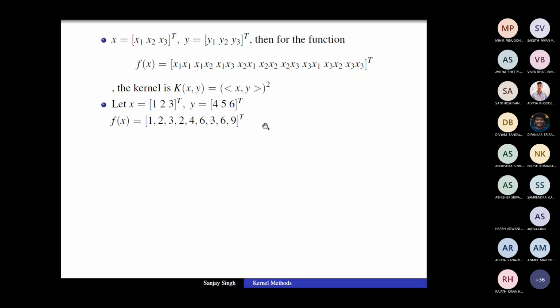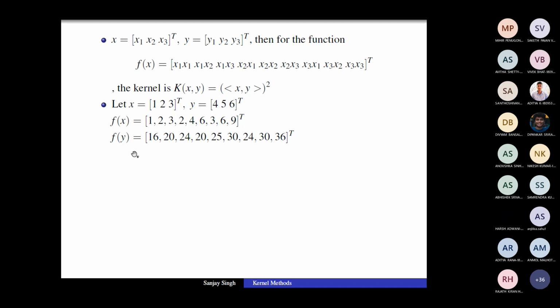And of course, when you do this manually, you'll be surprised, it takes a lot of time. And for f of y, you have this kind of thing. Now we have found f of x and f of y.